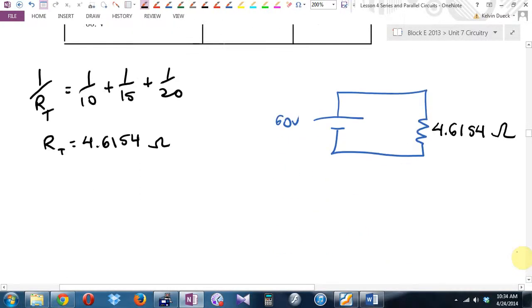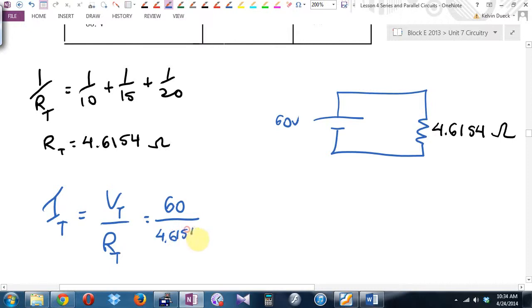What's I total? Well, that's going to be V total divided by R total. What's the total voltage in this circuit? Total resistance, 4.6154. You know what?